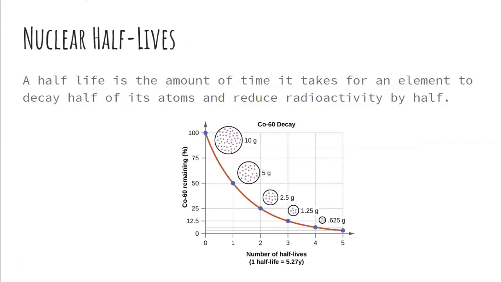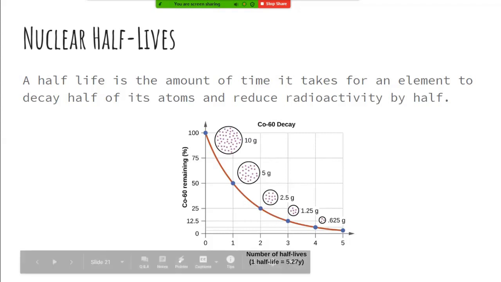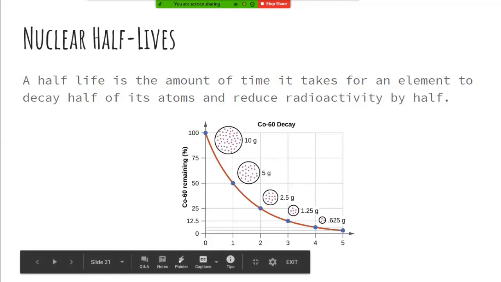The example I have here is cobalt-60, where we see a decay. It starts as 10 grams, and you can see that over time, it starts to reduce by half. So right here at 100%, at 50% we have 5 grams, 25%, 2.5, 12.5%, 1.25, etc. And the bottom is the number of half-lives.